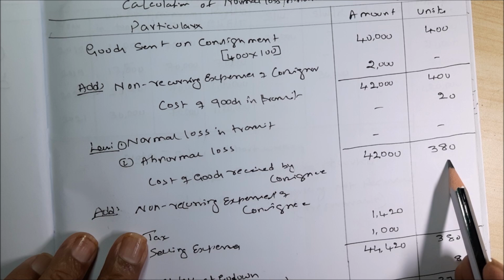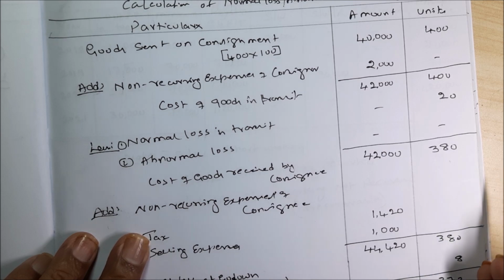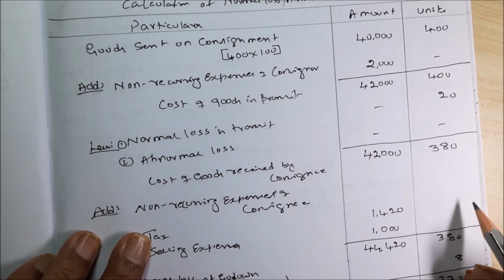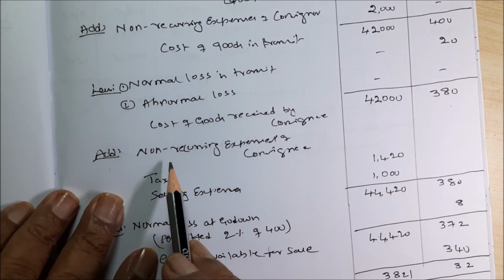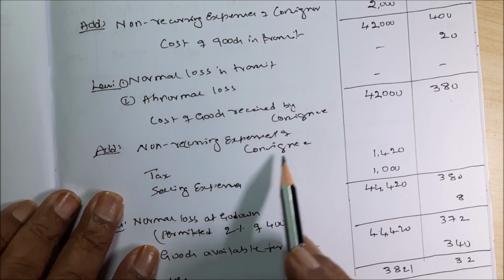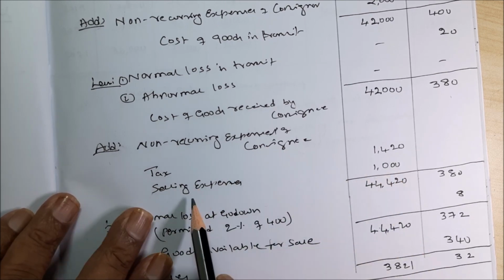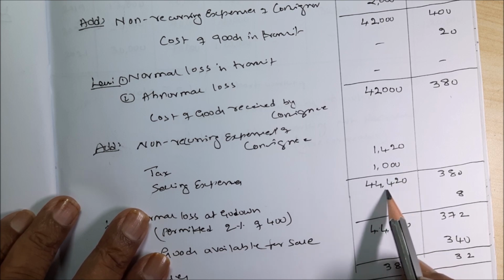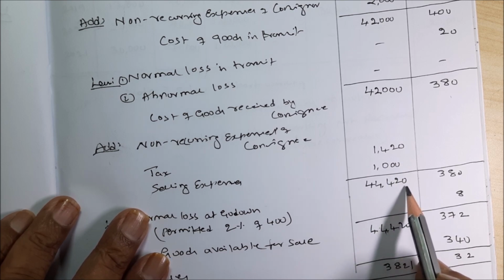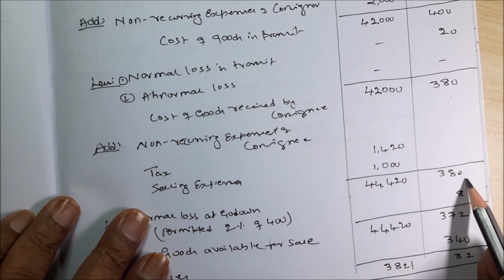Now we are not supposed to enter only the non-recurring expenses of the consignor. We are supposed to enter the non-recurring expenses of the consignee also. Add non-recurring expenses of consignee, tax 1,420, selling expenses 1,000. So total it comes to 44,420, for 380 units.